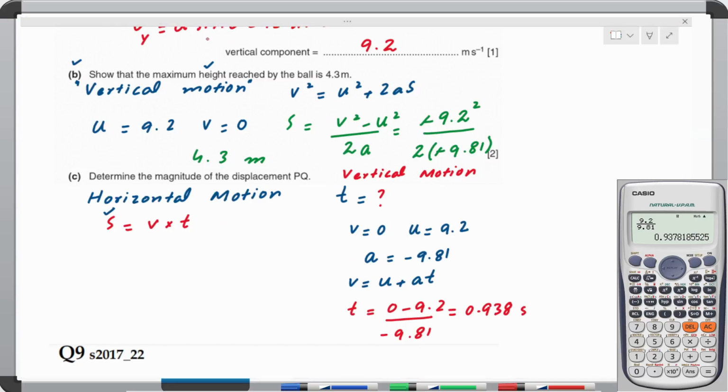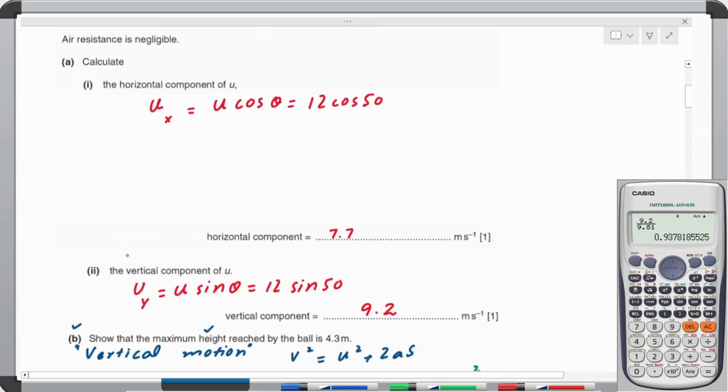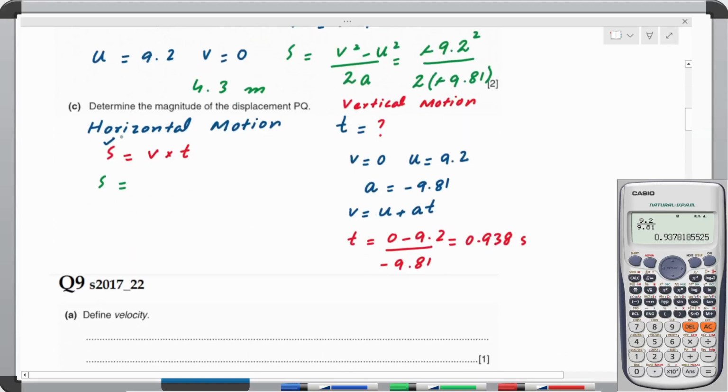Now we can find the horizontal displacement, and that would be whatever the horizontal velocity was, 7.7, times 0.938. Then I'm going to hit it on the calculator. This answer, we try to carry forward instead of erasing it and writing down the rounded value.